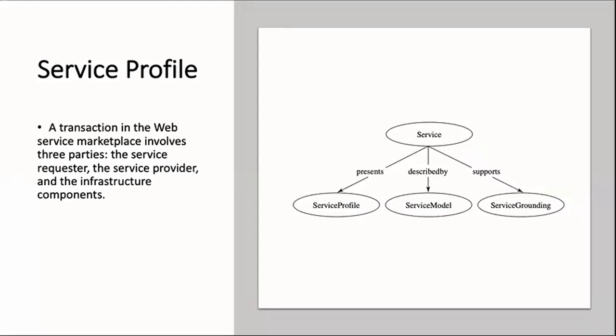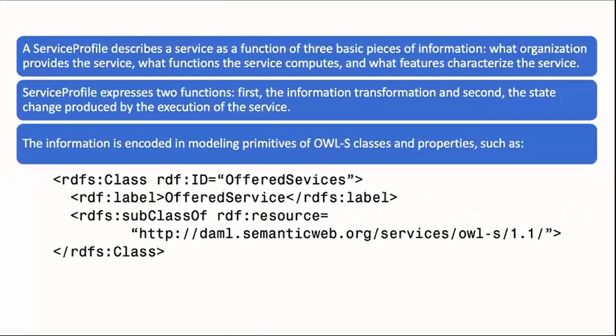Within the OWL-S framework, the service profile provides a way to describe the services being offered and the services required. By using OWL-S subclassing, it is possible to create specialized service profiles of services.